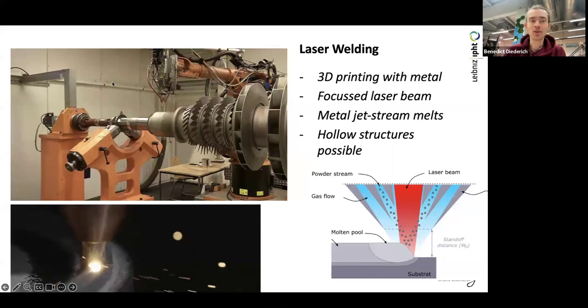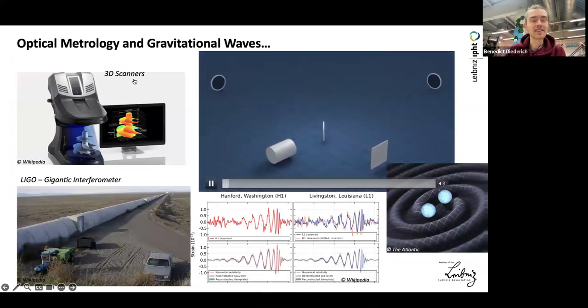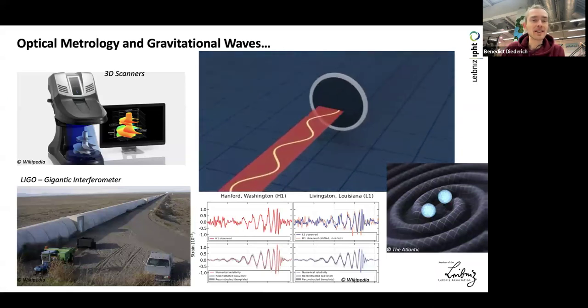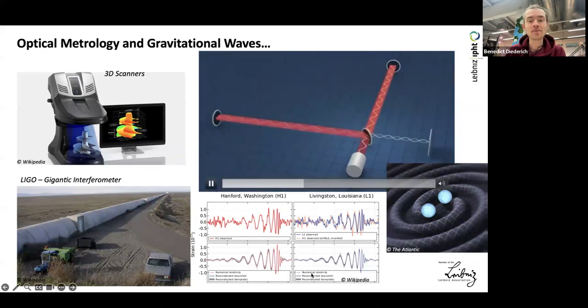If something is broken, for example when birds fly into it, usually you throw it away, but with lasers you can repair it. It's pretty cool. You can also detect gravitational waves with huge interferometers. These are just a few of the applications where you see light and maybe don't notice it, because it just became so obvious.